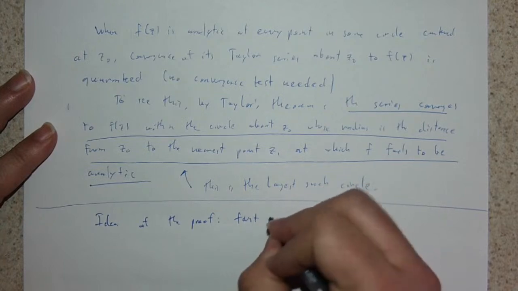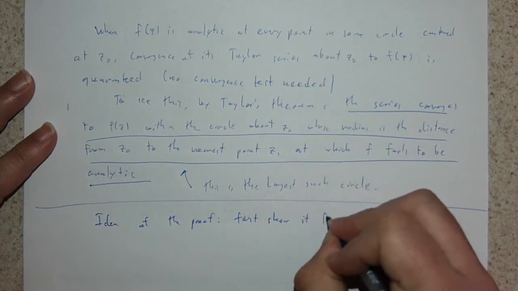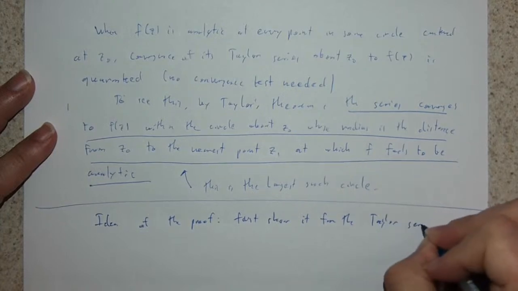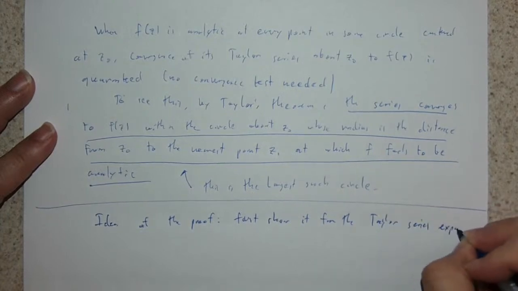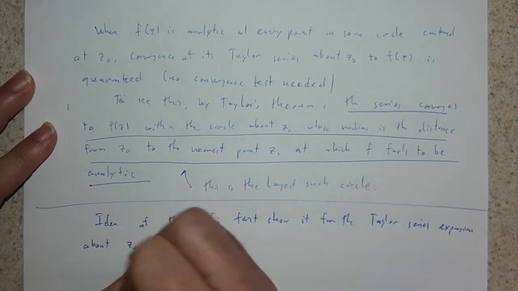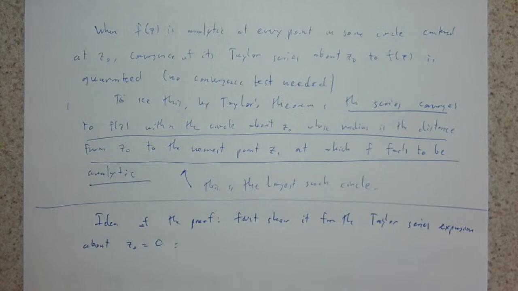First show it for the Taylor series expansion about z equals 0, or z naught equals 0. But the Taylor series expansion about z naught equals 0 is something that comes up enough to actually have its own name.